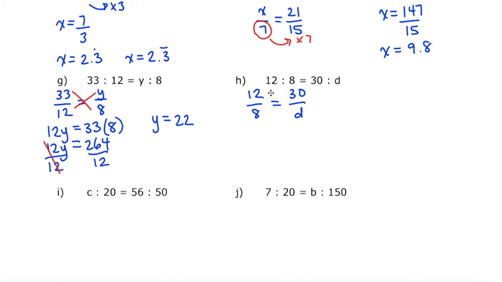So I'm going to use one of the strategies I know to isolate D. But because my D is at the bottom, I'm going to flip that fraction. So I have 8 over 12 is equal to D over 30. From there, I'm going to multiply both sides by 30 in order to get my letter all by itself.